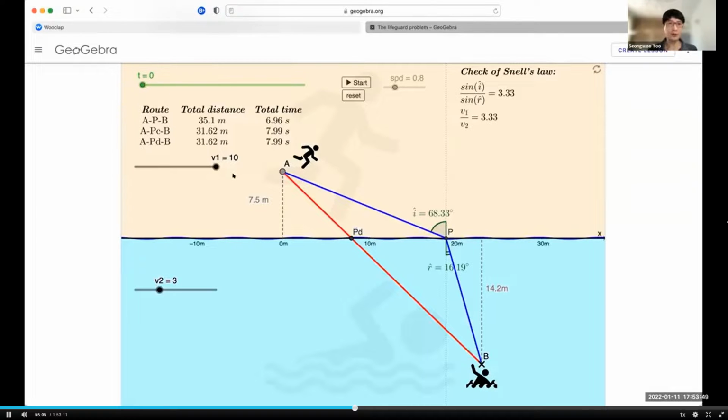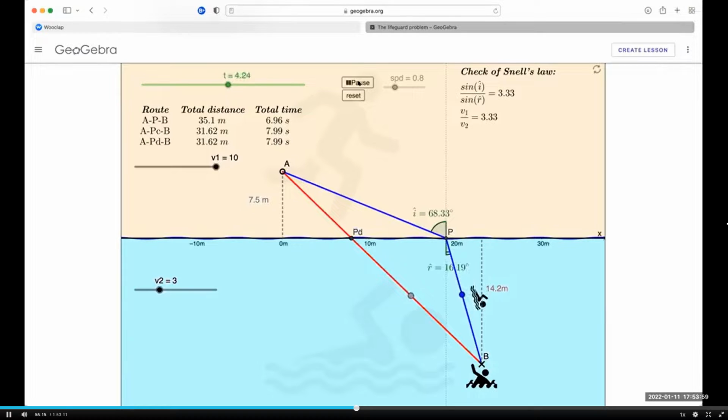So with those settings, let me start this animation. The lifeguard is trying to reach this drowning person, and let's see which path gives us the least time path. Yeah, it seems like this blue path guarantees the least time path for reaching the drowning person.